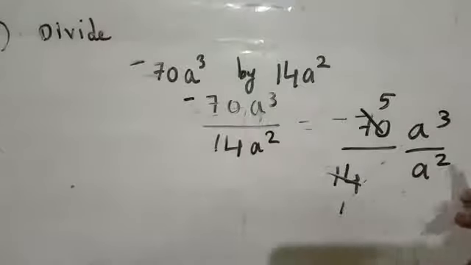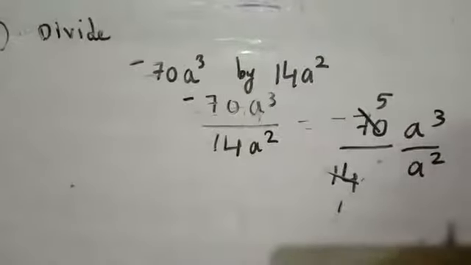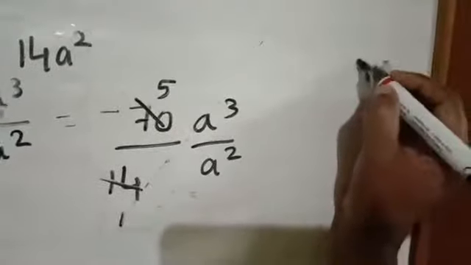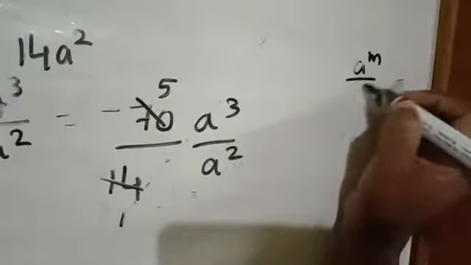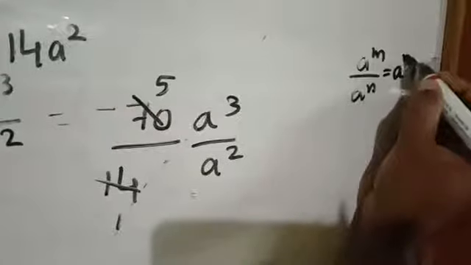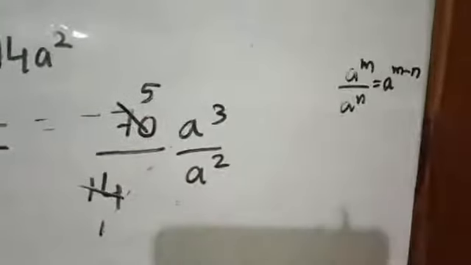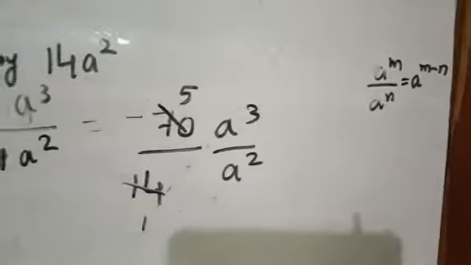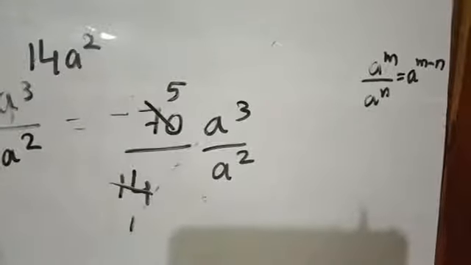Then a cube by a square. We know that a raised to m by a raised to n is a raised to m minus n.